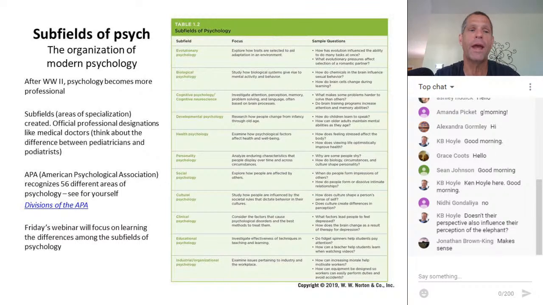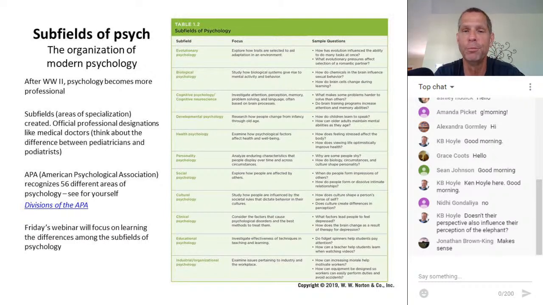In the same way, psychology has developed what we would call subfields of psychology. And this is how modern psychology is organized. So I will tell you that I'm not just a psychologist, I'm a social psychologist. And if you look here at table 1.2 in your psychology textbook, you'll see that social psychologists explore how people are affected by others.